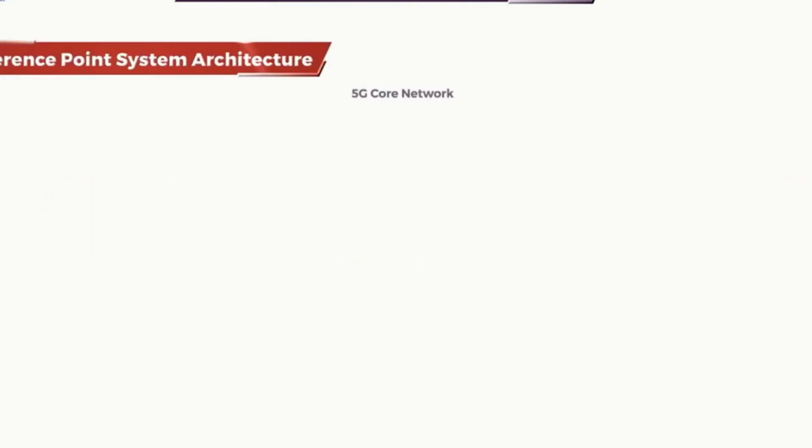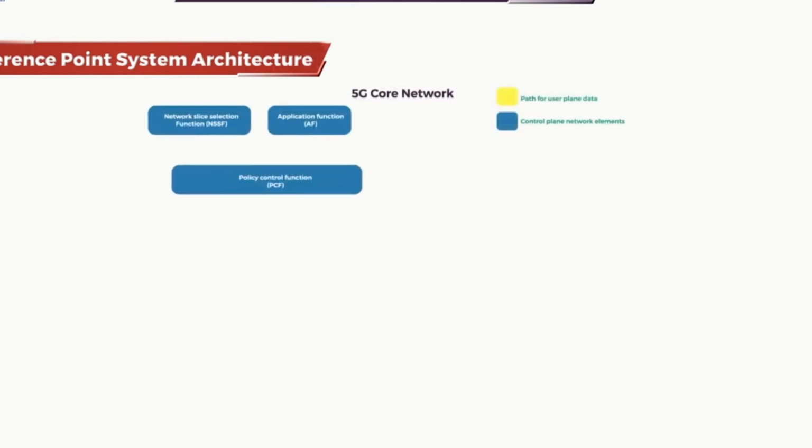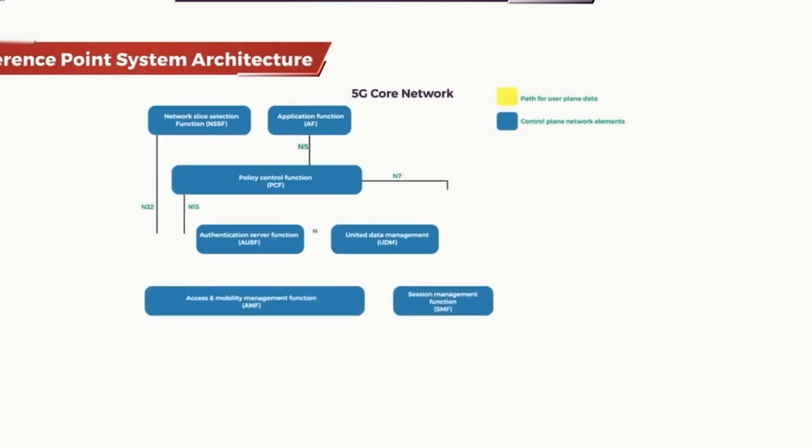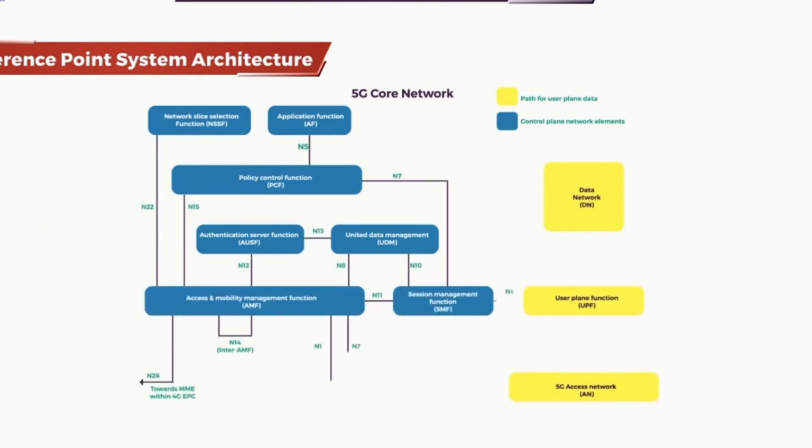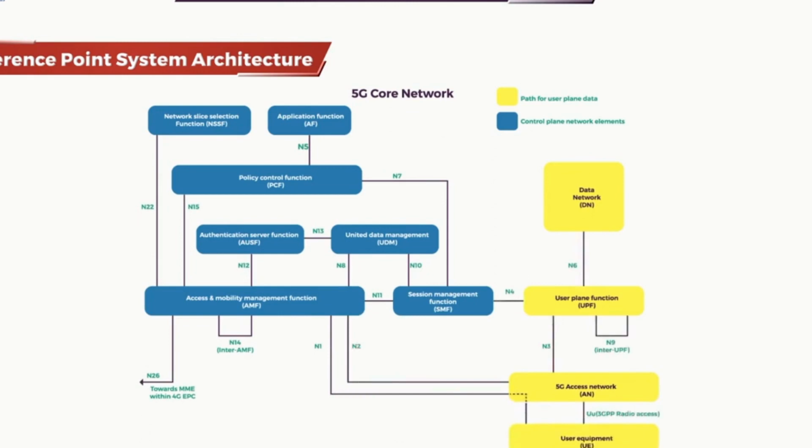The 5G system reference point architecture is shown on the screen. This architecture specifies a set of network elements and a set of point-to-point interfaces which interconnect those network elements. The functionality associated with each network element is described separately later on. Here the figure on the screen shows the separation of the user plane and control plane functions.